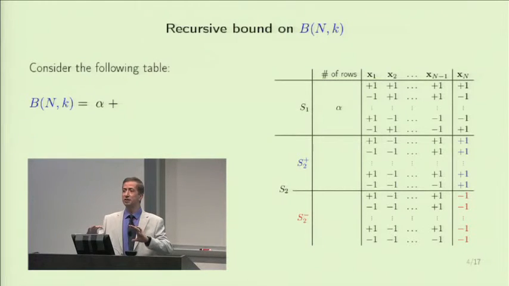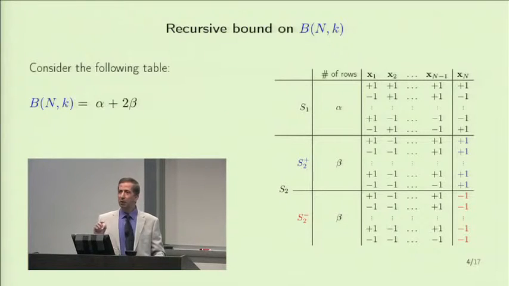Two extensions belong to the second group in both ways, with plus 1 and minus 1. So in terms of the counting, this has beta rows, whatever beta might be. This also has beta rows because they are identical. And therefore, the number B of n and k, which I'm interested in, okay, is alpha plus 2 beta. Okay? That is complete, just calling things names.